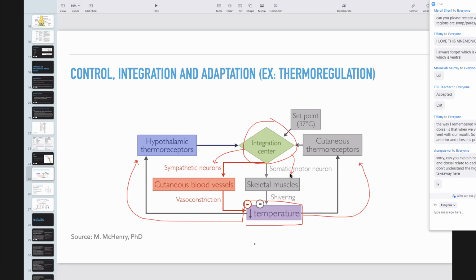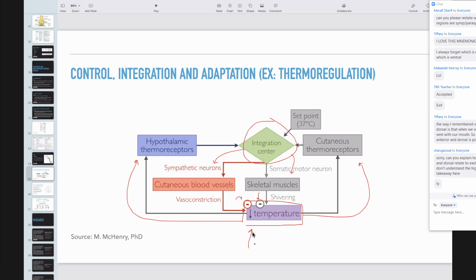That causes an opposite reaction, a downregulation of our sense of that low temperature, raising the temperature. Your hypothalamic receptors and cutaneous thermoreceptors both realize that we got our body temperature back up, and we can stop now.